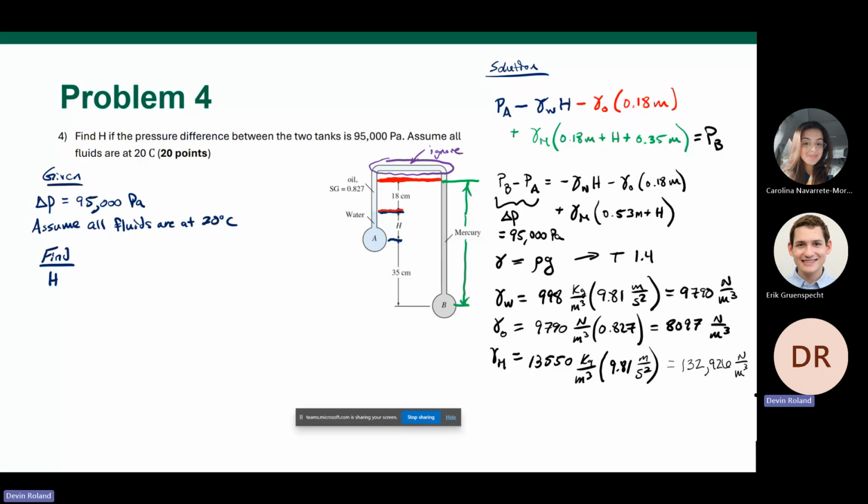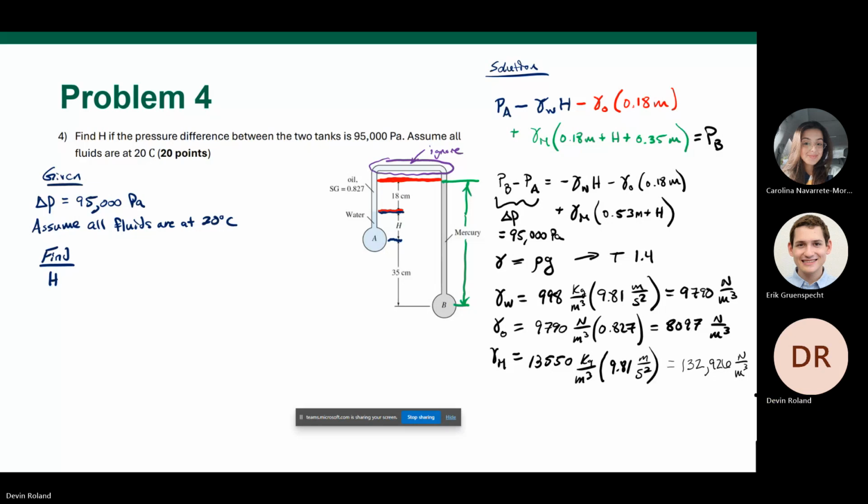Okay, so now we have our three specific weights, and we know our pressure difference. So the only other unknown is our H value. So we just got to solve for that.